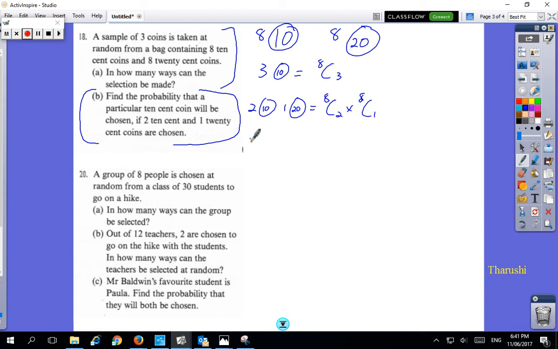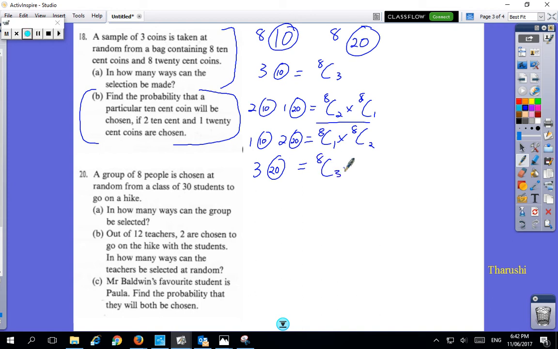And then, of course, you can have 1 10-cent piece and 2 20-cent pieces, and this would actually just be the same value in reverse, so 8C1 times 8C2. And the reverse of the first is just 3 20-cent pieces, which would be 8C3 again.